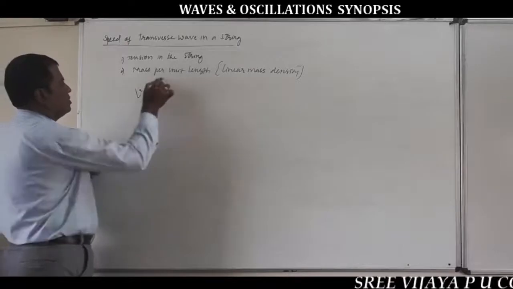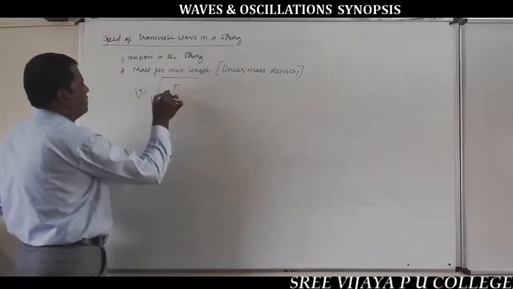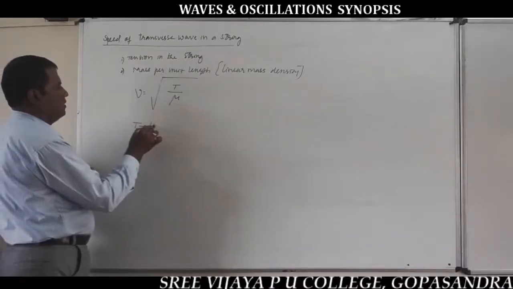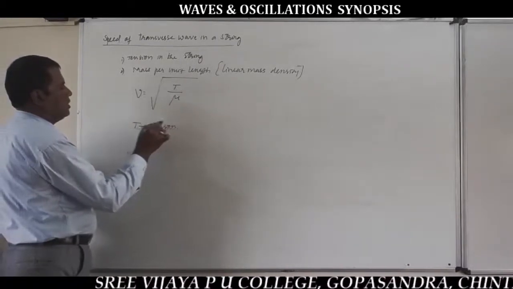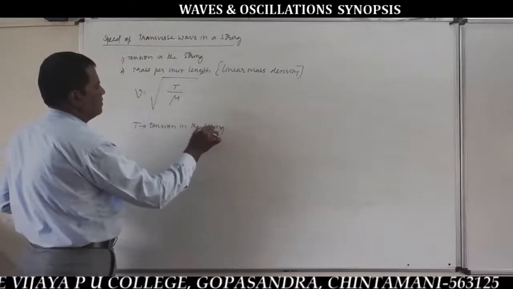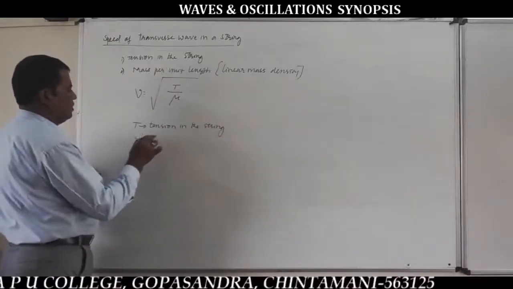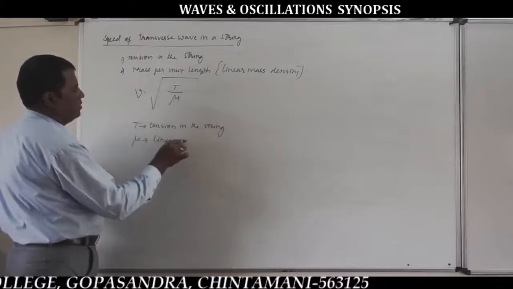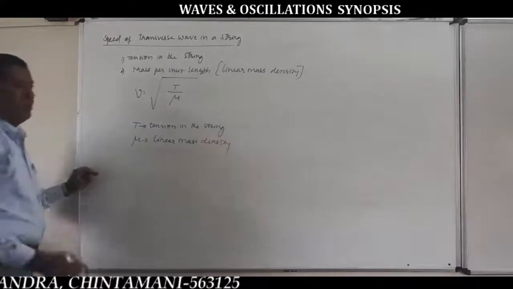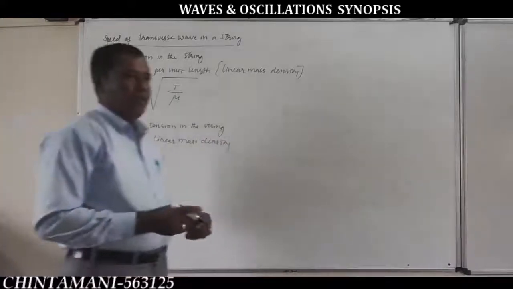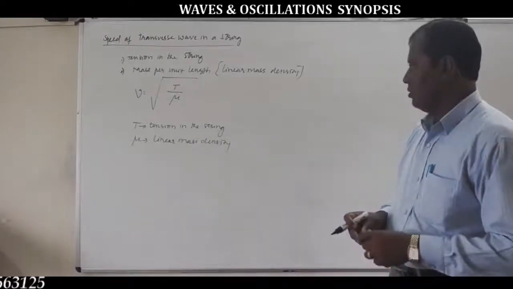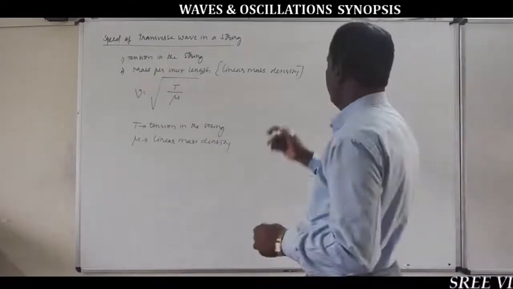V is equal to square root of T by mu, where T is the tension in the string, and mu is the linear mass density. If you want to verify how this equation represents the speed of transverse wave, we just move to the dimensional formulas.